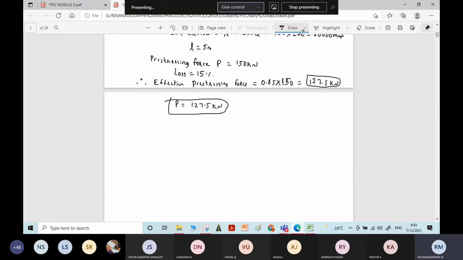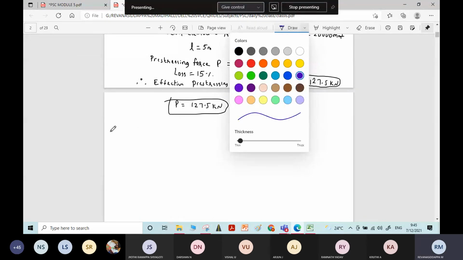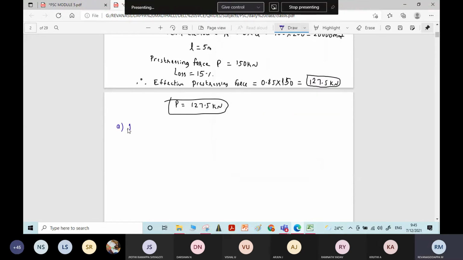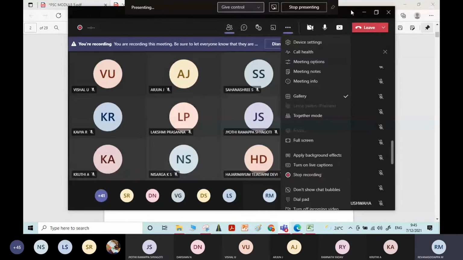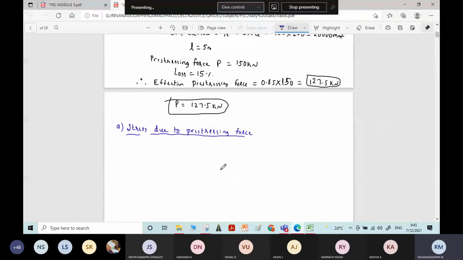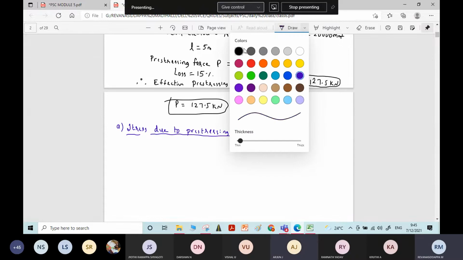Okay, first one, A: stress due to pre-stressing force. What is the formula for stress due to pre-stressing force? P by A, correct?